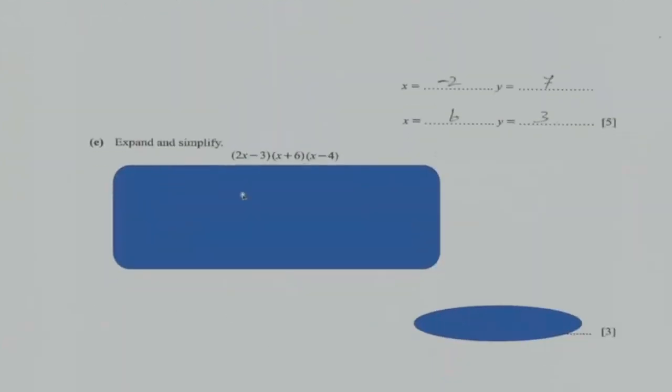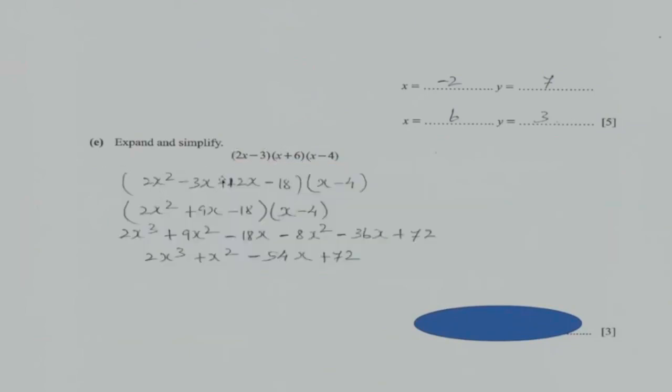Expand and simplify. So we have to expand this. First we expand this to 2x squared minus 3x plus 6 into 2, 12x minus 18. Then x minus 4. Then again, here 2x squared plus 9x minus 18 into x minus 4.